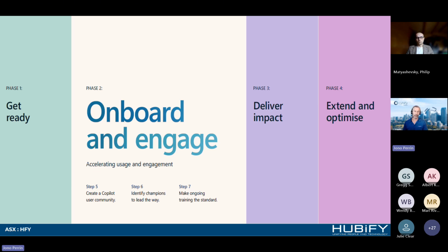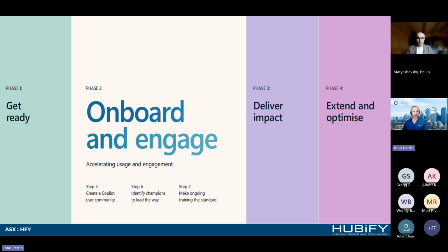Now, there's an absolute host of different online training tools available, and this really helps users refine their skills and adapt to new features as they go, not just go, hey, I found Copilot worked for this and sticking just with that. It's all about then going, okay, what's next, what's next, what's next? And Copilot is at its most infancy that it's ever going to be. It's only going to improve from here as well. So you need to ensure that that ongoing training's there as well.